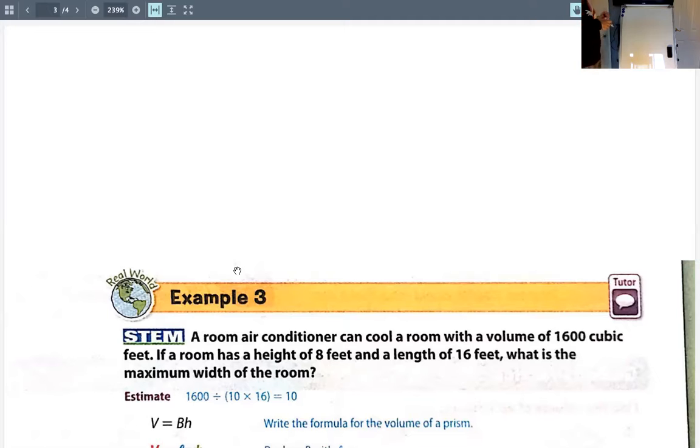Assuming the room is a rectangular prism, right? Say that that's the room.